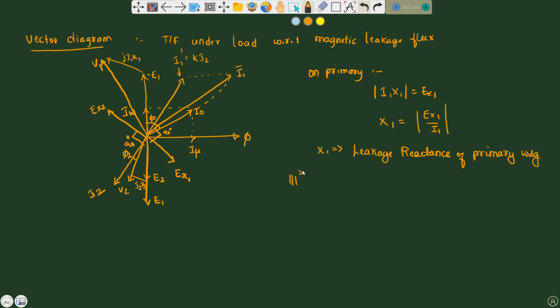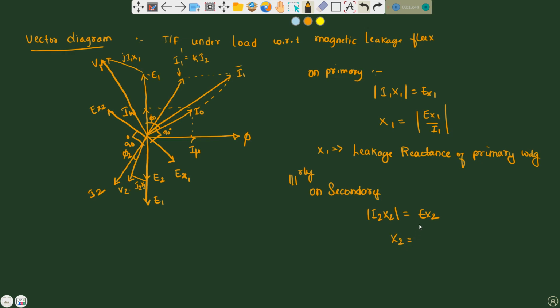Similarly, on the secondary side, the same way, the imaginary inductive reactance drop will equal the induced EMF due to leakage flux. The magnitude of I2 X2 will be equal to the leakage induced EMF in the secondary side.